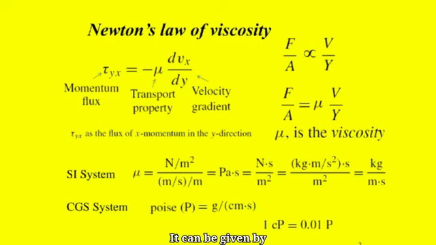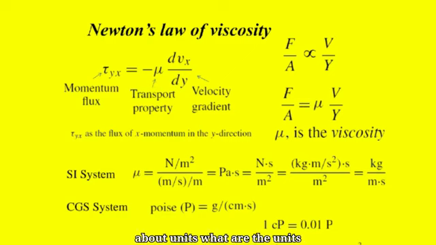It can be given by the following formula, F upon A is equal to mu into V upon Y, where F stands for force applied, A stands for area of the plate, V stands for velocity of the plate, and Y is the distance between plates. Again, mu is the proportionality constant, which is nothing but viscosity.